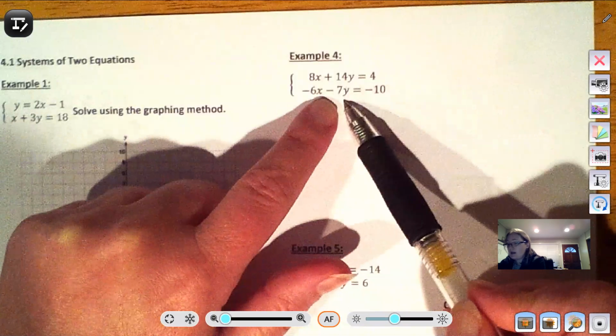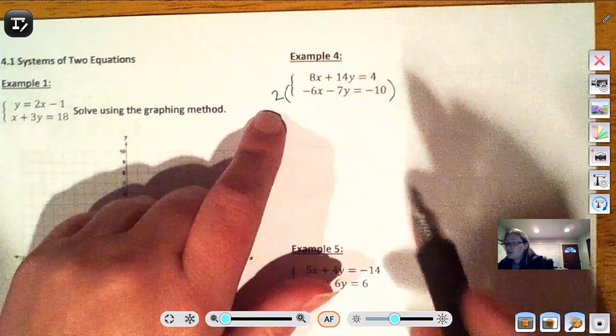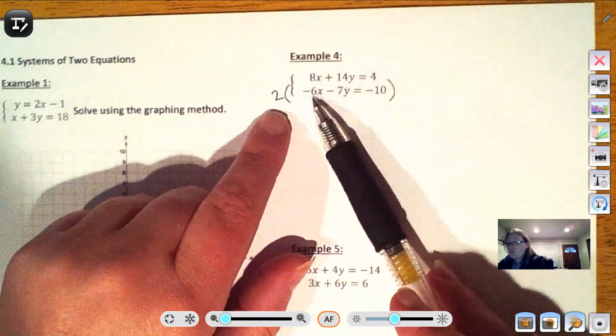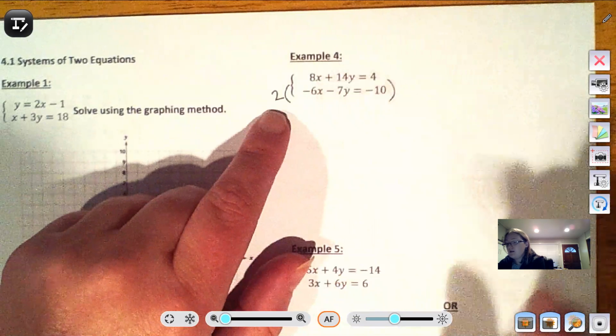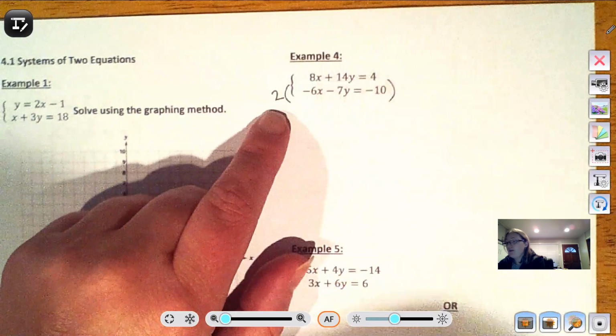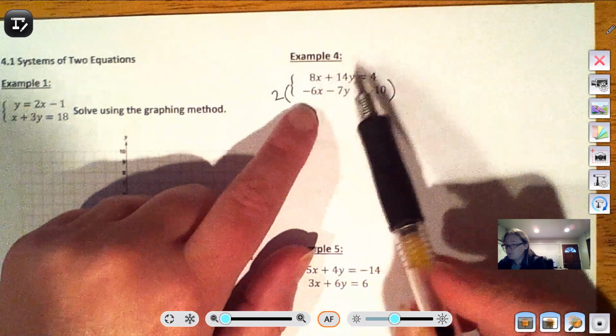That's the quickest because all I need to do is multiply the bottom by 2. So you look for the lowest common multiple is what you're trying to either get your x's or your y's to be. It's the smallest equivalent that will eliminate your variable. So look for the lowest common multiple of your x's or your y's.